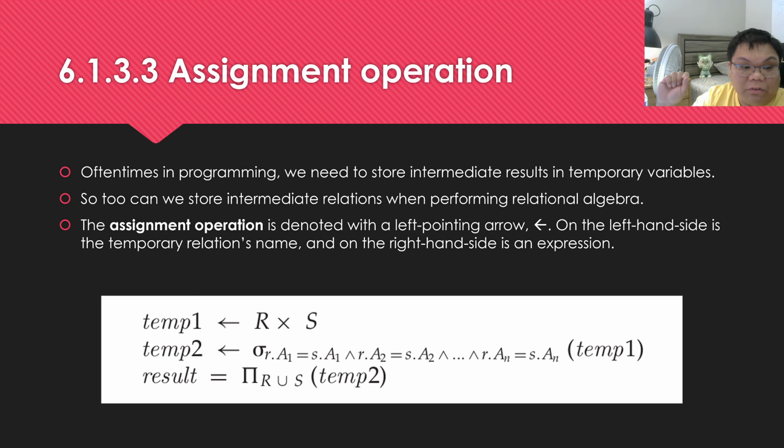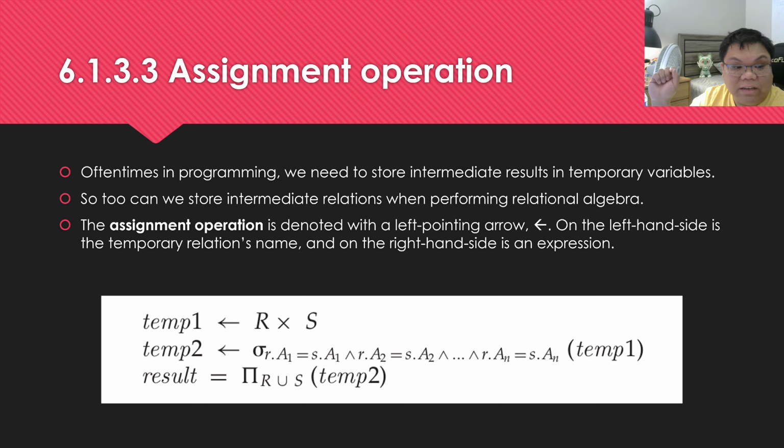So we can define a temporary relation, temp1, and assign it the value of, I think this is an error in the textbook. That should be little r, Cartesian product, little s. So that should be the Cartesian product of relations R and S, not their attribute sets R and S. So yeah, that's an error in the book right there.